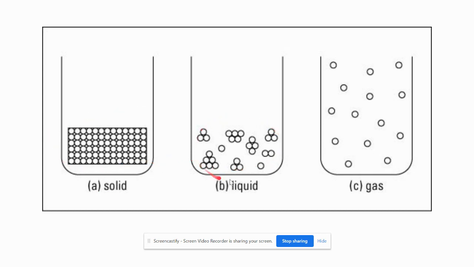Unlike liquid, which takes the shape of the container, and you can see the particles are more dispersed. It's not as well packed. And the last one here is gas. Gas particles are all spread apart. It will take the shape of the container that it is in.